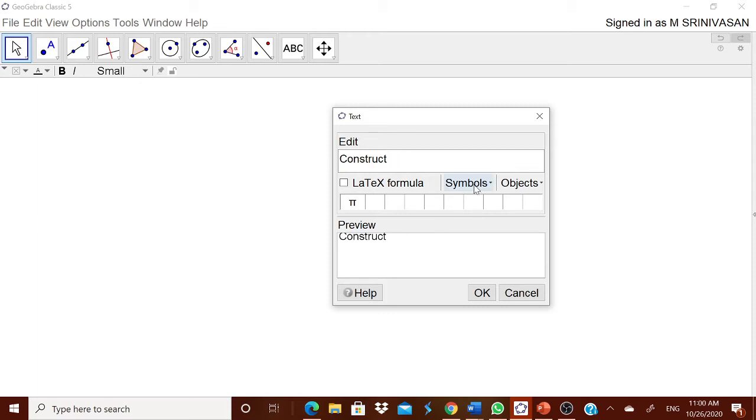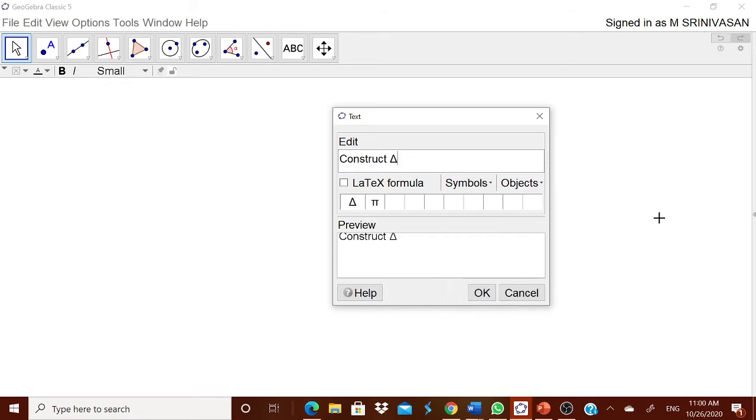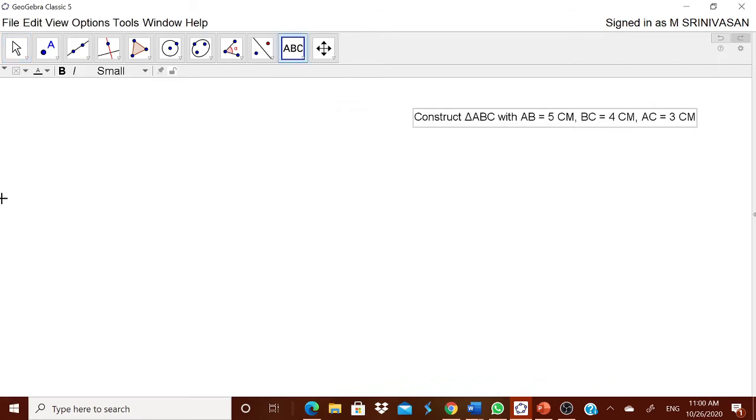We can have symbols also. Here is the symbol of triangle: triangle ABC with AB equal to 5 cm, BC equal to 4 cm, and AC equal to 3 cm. So that the child will know what actually you are going to do.